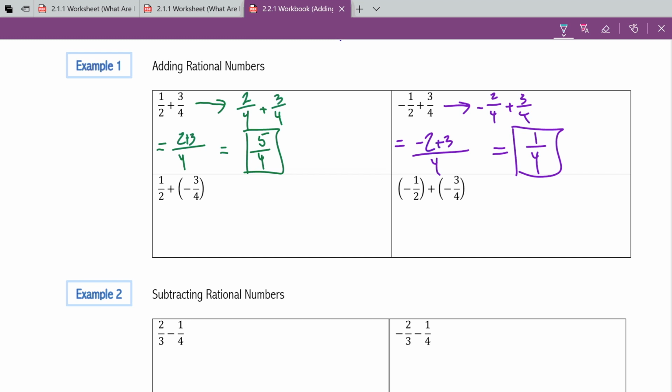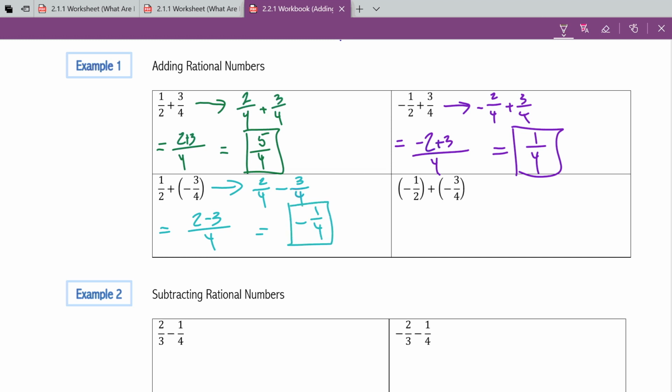All right, so now we'll go to 1/2 plus -3/4. We're going to change this a little bit. The 1/2 once again becomes 2/4. Plus minus 3/4, the same as simply subtracting 3/4 straight away. So when we simplify that, we're going to get 2 minus 3 over 4, or -1/4.